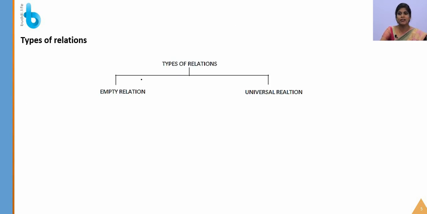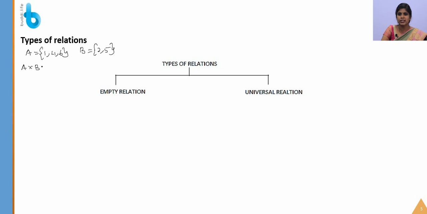Types of relations, we have two types, that is empty relations and universal relations. For learning this, let me explain through two examples. Okay, let me take A equal to {1, 4, 6} and B equal to {2, 5}. And for defining any relation, we definitely need the Cartesian product.